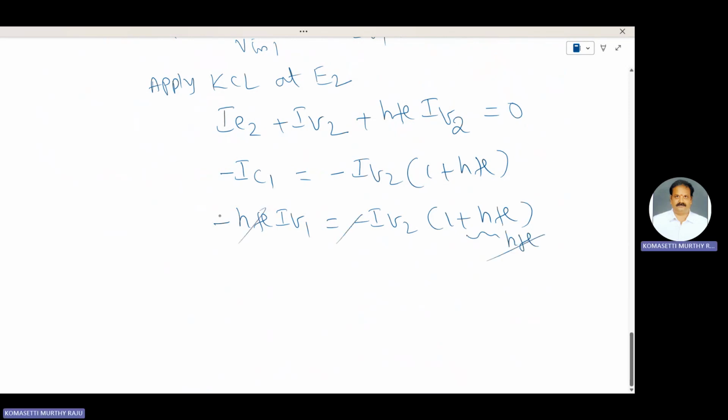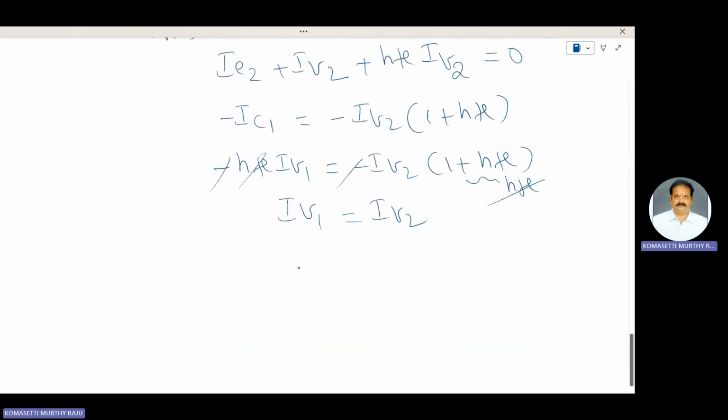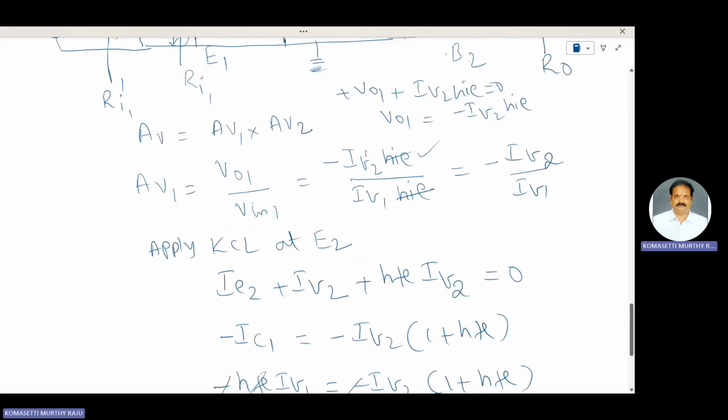This cancels, minus minus cancel. Therefore, IB1 is equal to IB2. We know that AV1 is equal to minus IB2 by IB1, that is minus IB1 by IB1, that is minus 1.